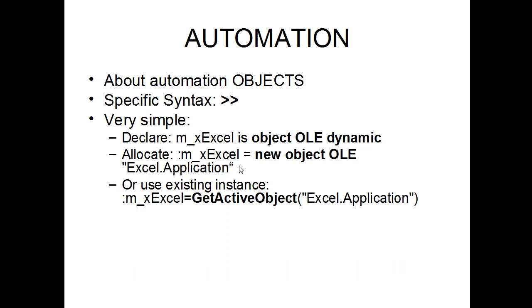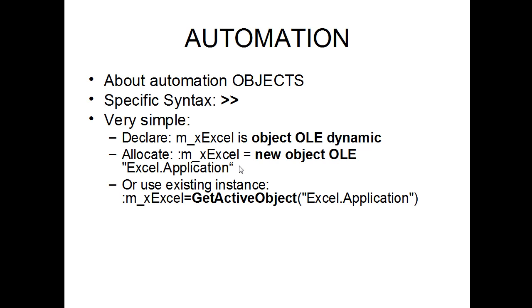And be careful, it's the active object. If you have several Excel pages, then you start to be in trouble to get the one you want. So always when you work with outside applications, you will encounter some little problems like that.